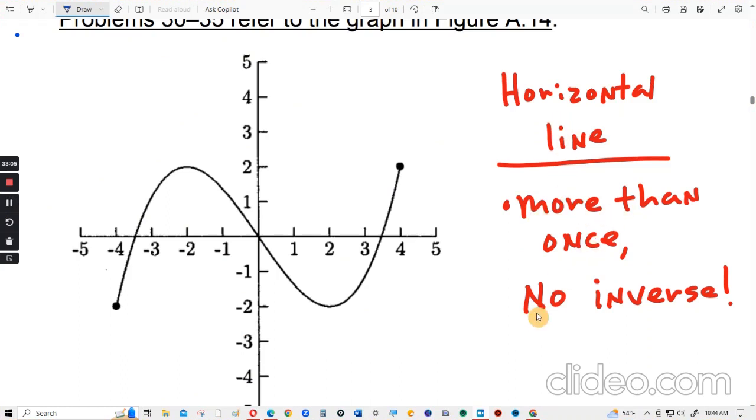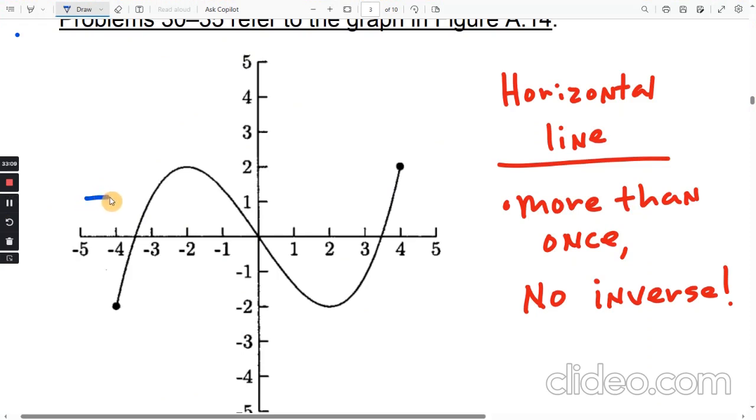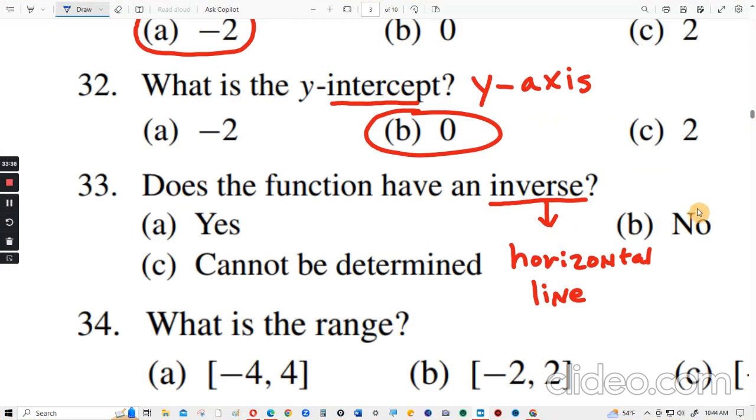If it intersects more than once, there's no inverse. So if I do it right here, you can see right here, and right here, it intersects 3 times. So there's no inverse. Not for the whole function anyway. There are cases where you can restrict the x values and get it to intersect only once. But for the whole function, there's no inverse. So that is a hard no.